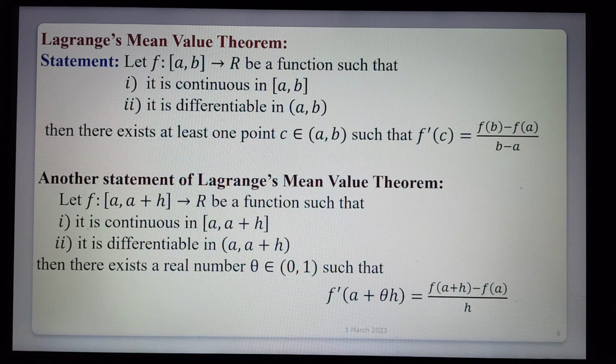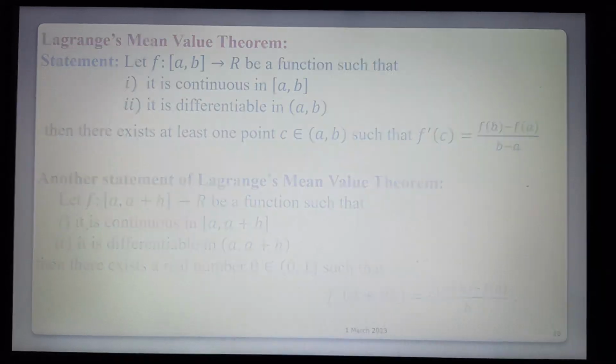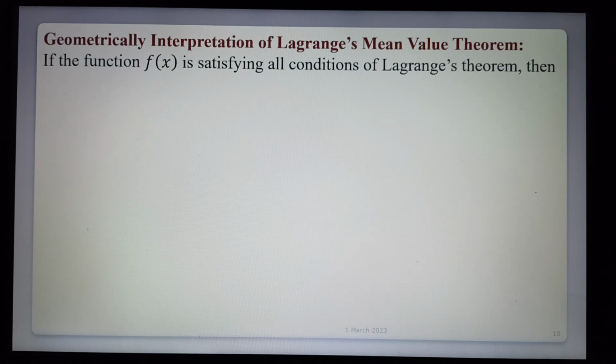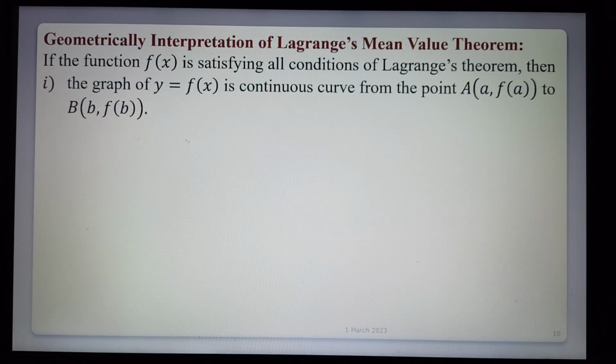Now we see the geometrical interpretation of the theorem. If the function f of x satisfies all conditions of Lagrange's theorem, meaning two conditions, continuous and differentiable, then the graph of y is equal to f of x is a continuous curve from the point (a, f of a) to (b, f of b) on the curve.